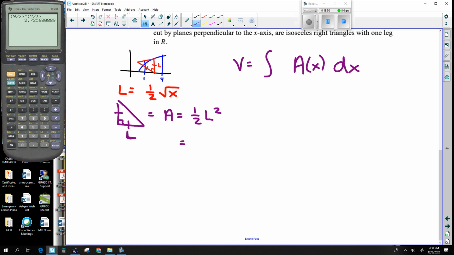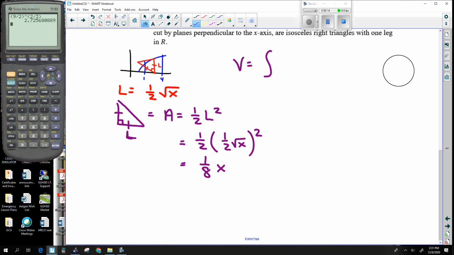Plugging in L, this is 1/2 of (1/2 square root x) squared. So 1/2 squared is 1/4, so this is going to be 1/8, and the square root of x squared is x. So the area is ultimately 1/8 x.